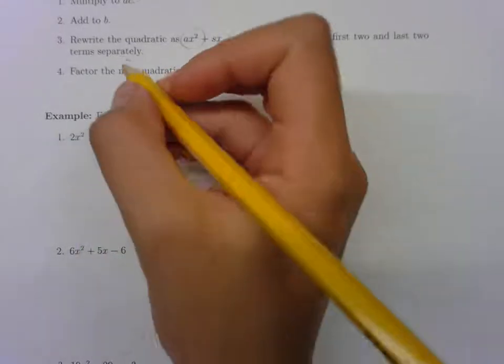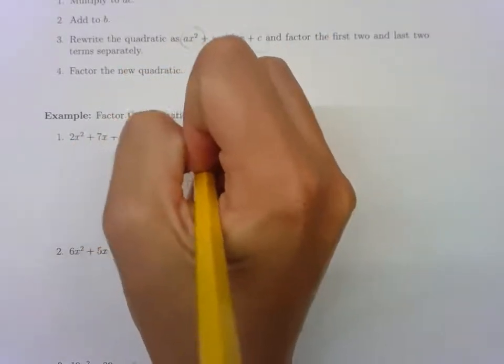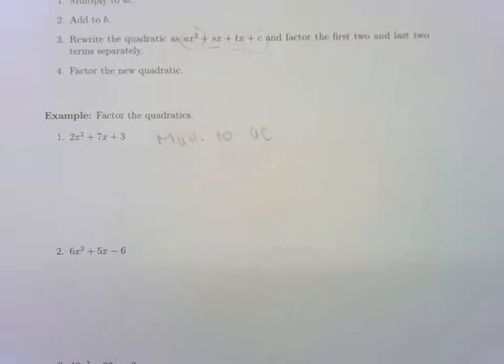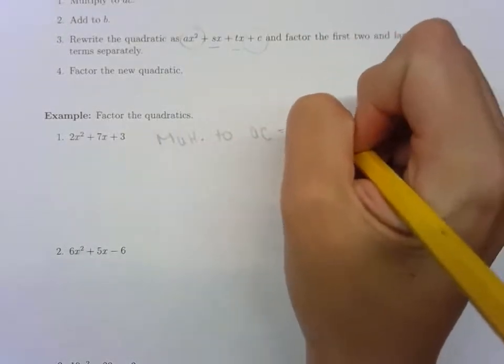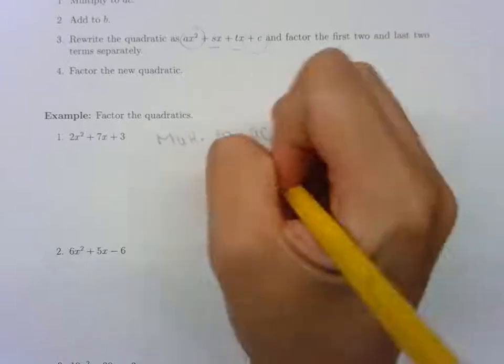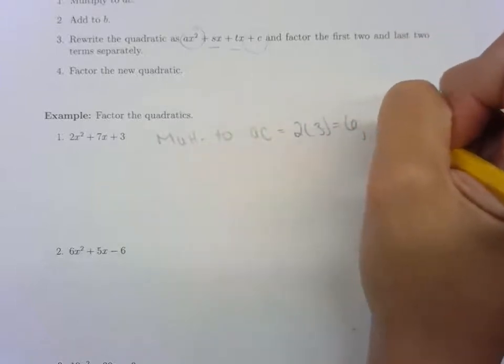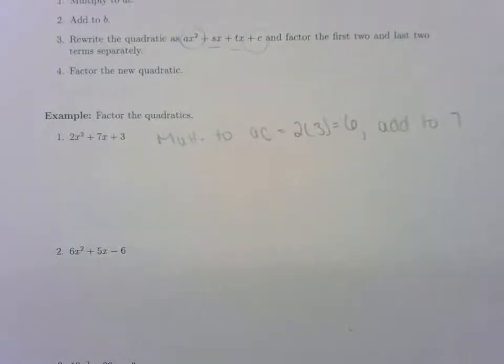So we're looking for two numbers that multiply to a times c. Well, a is 2, c is 3. So two numbers that multiply to 6 and add to b, which is 7.